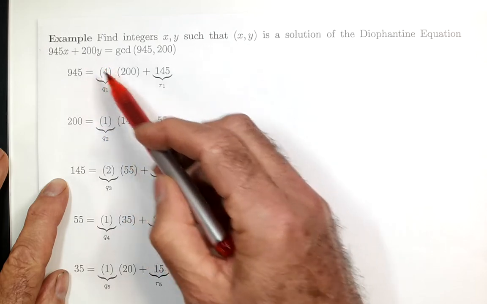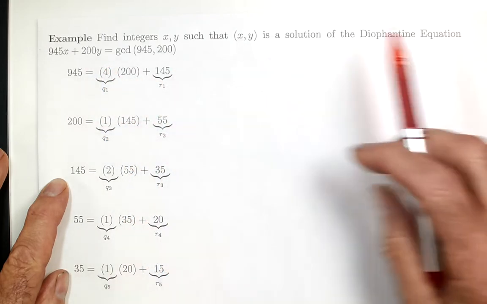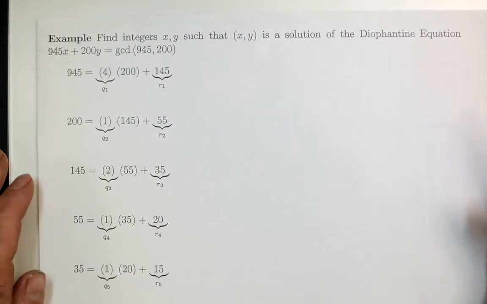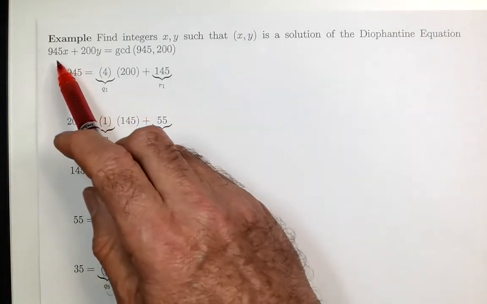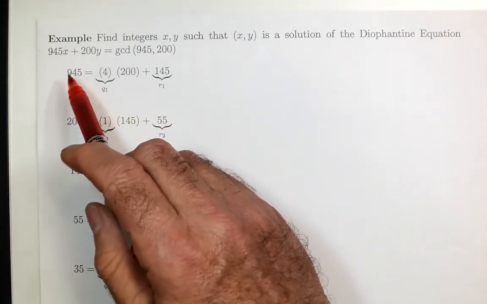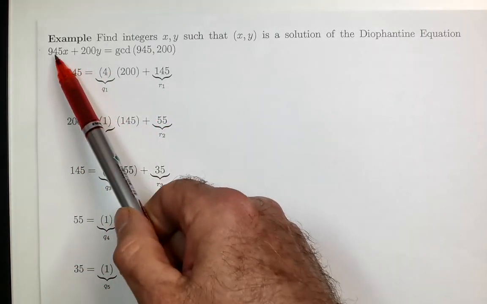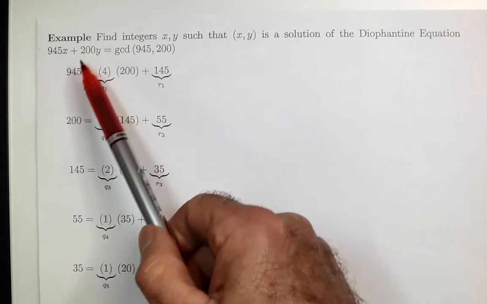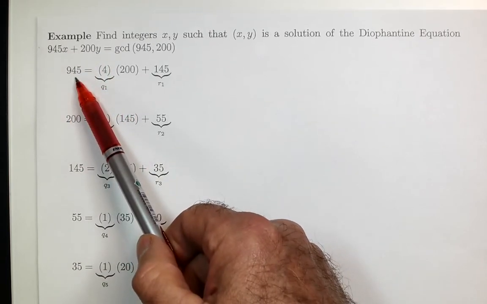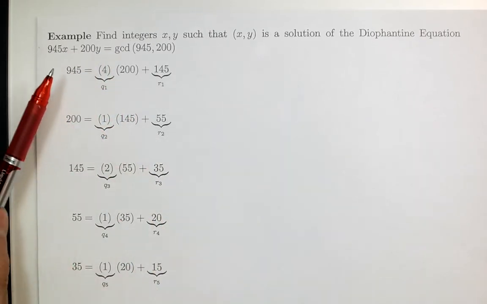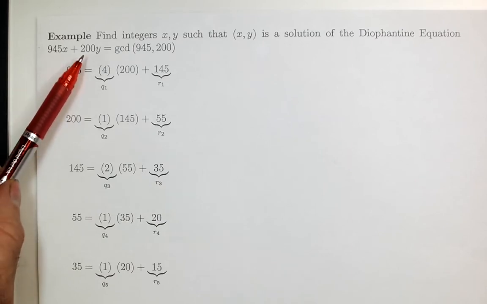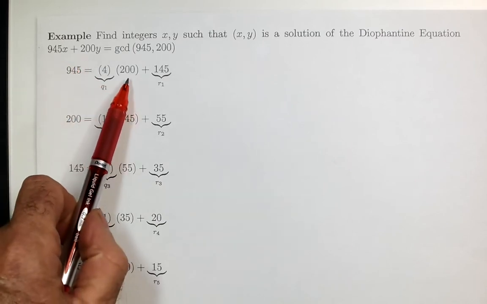The smaller number, 200, is the divisor. It's not necessarily always the case that a is the dividend and b is the divisor. We have to let the larger of these two numbers, in this case 945, be the dividend, and the smaller of the two numbers, 200, be the divisor.